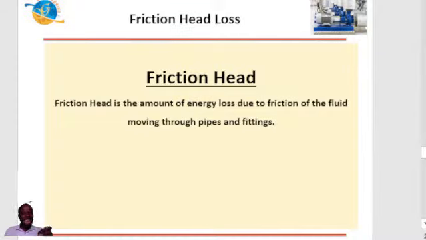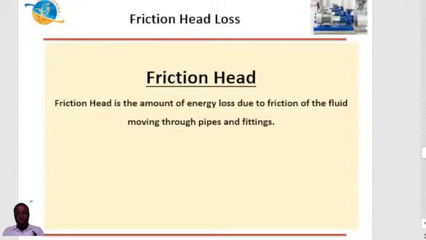That amount of energy loss, because you will lose energy with the introduction of friction in your pumping system, as the liquid is moving from the suction tank level to the discharge and to the downstream equipment, will directly affect the overall performance of the pump.